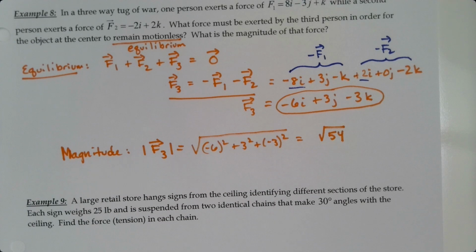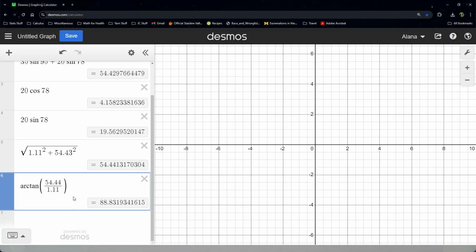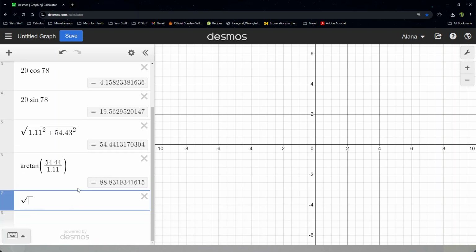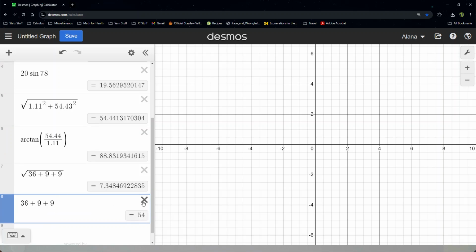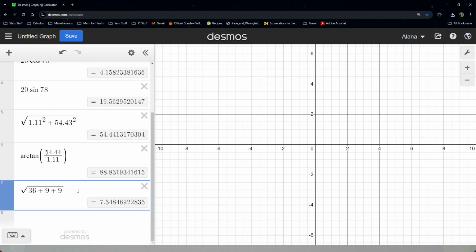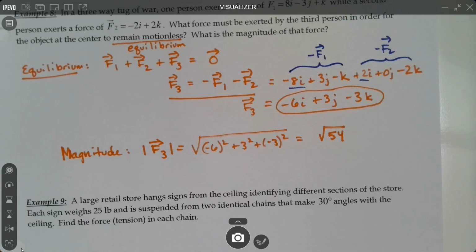And then, of course, if we want a decimal approximation, we can get that. It would be the square root of 36 plus 9 plus 9. See, 54. So the square root would be 7.35, and that would be newtons or pounds, depending on whether this particular problem was in metric or imperial.